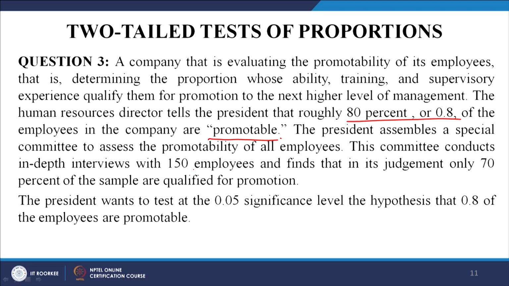This committee conducts an in-depth interview with 150 employees and finds that in its judgment only 70% are actually promotable. So, out of the sample that they collected, they found that only 70% are promotable and not 80%. But the president does not want to take a risk. He says he wants to test at a 5% significance level the hypothesis that 80% of the employees are promotable, is it true or not true.